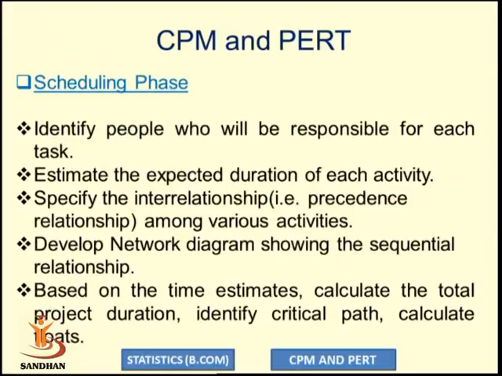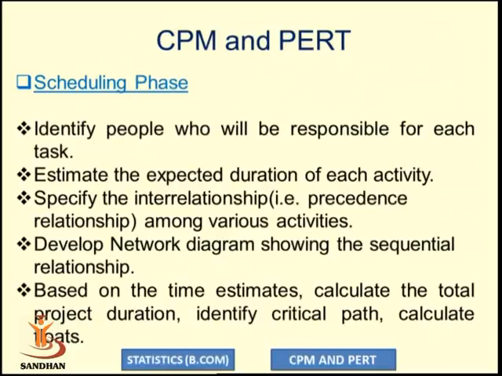In the scheduling phase, we have to identify the people who will be responsible for each task. We have to find the estimates, the expected duration of each activity that we have listed in the planning phase. We have to specify the interrelationship, that is the precedence relationship among various activities, that is, which activity should be completed before starting another activity; that precedence relationship should be noted.